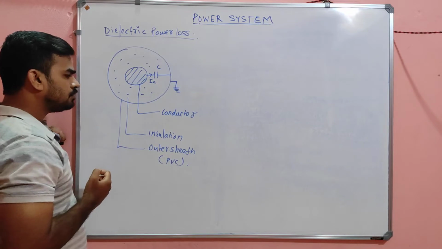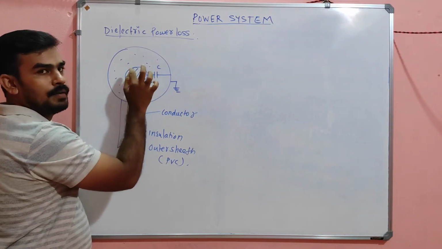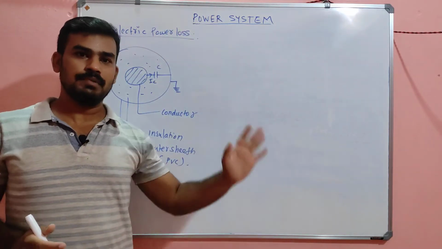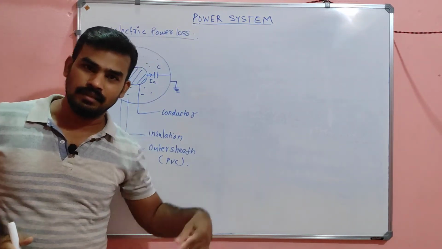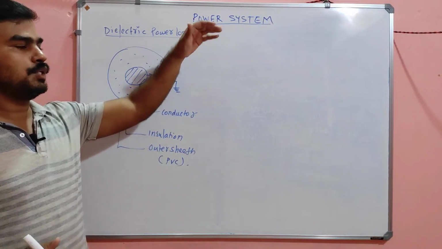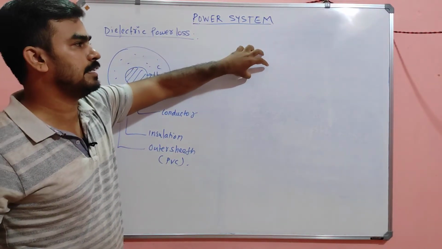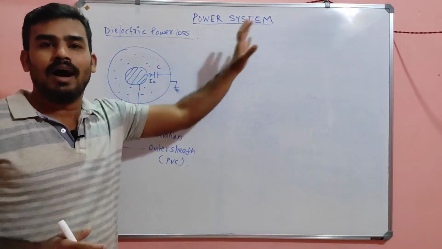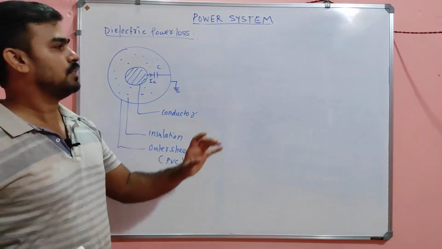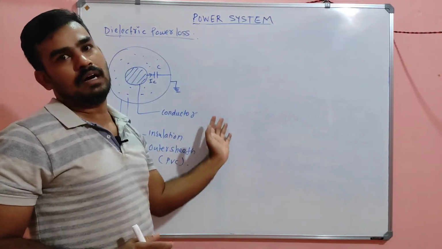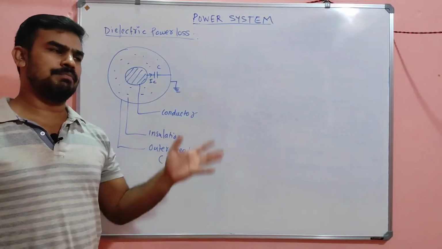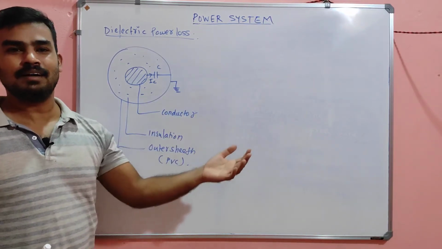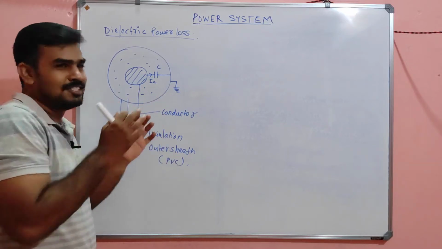So here, listen my dear, this is the conductor, and the overall structure of the 3 core underground cable you already discussed in the last class. There you might have noticed one thing: above the conductor is nothing but insulation. Types of insulation: paper, bedding, armoring, hessian, serving, like outer sheath, etc. So all are insulation.